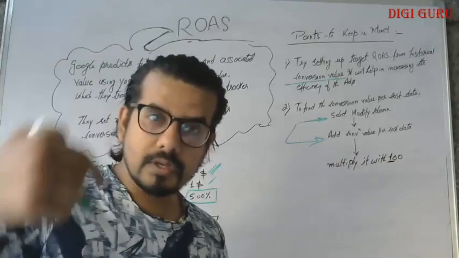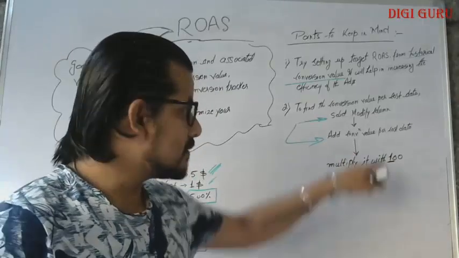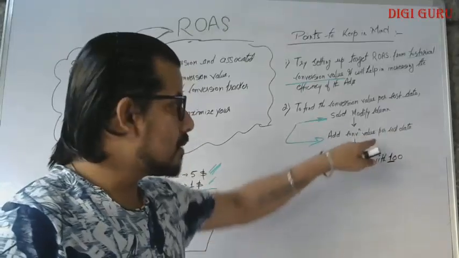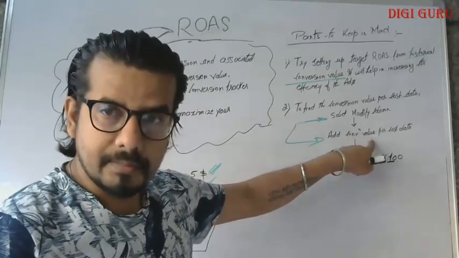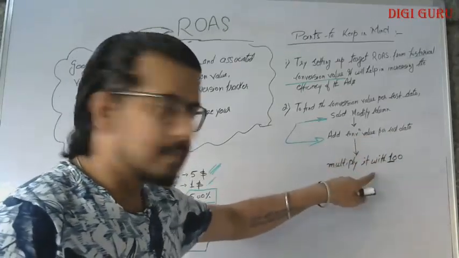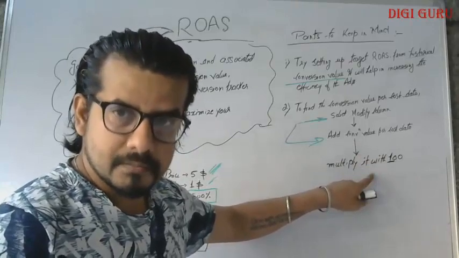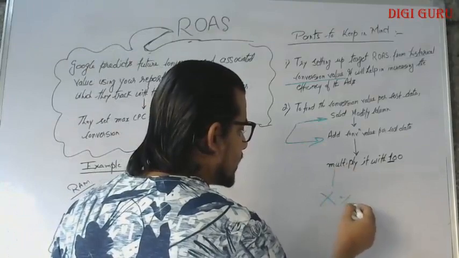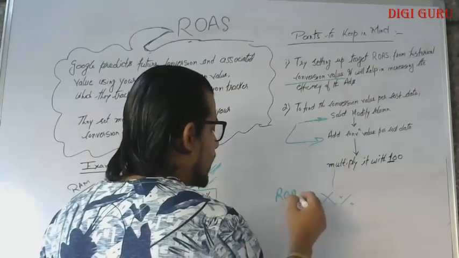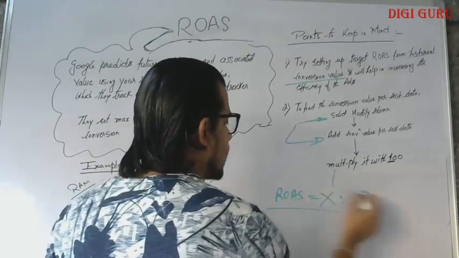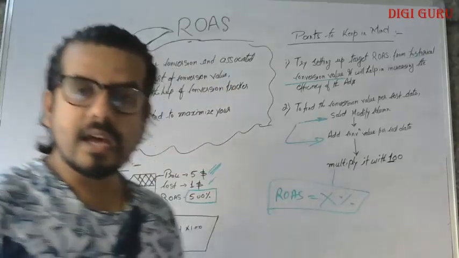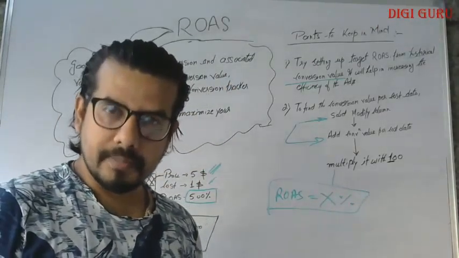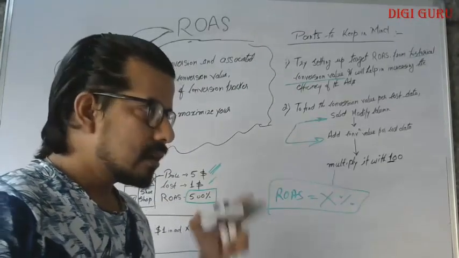In the drop down, you'll have this option of conversion value per cost data. Whatever value is coming out here, we need to simply multiply it by 100, right? And whatever percentage comes out, suppose that is X percent, this is your ROAS percentage that we would be putting in our advertisement so that Google accordingly tries to give me the best result, right?